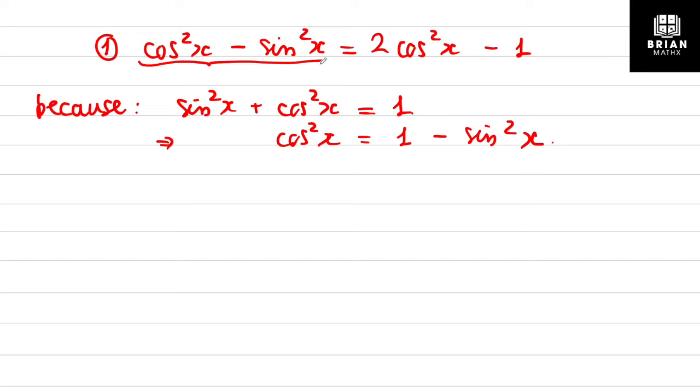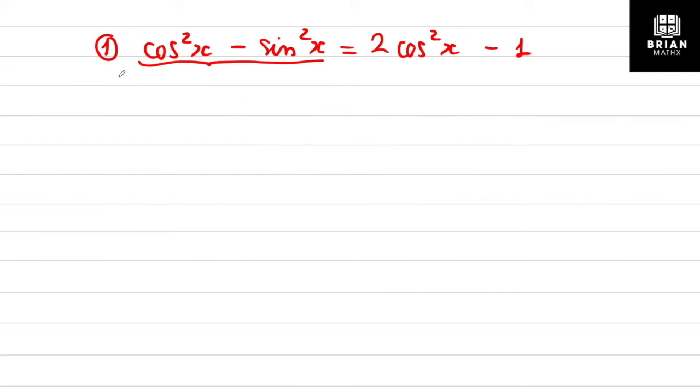Question 1: cos square x minus sine square x equals 2 cos square x minus 1.